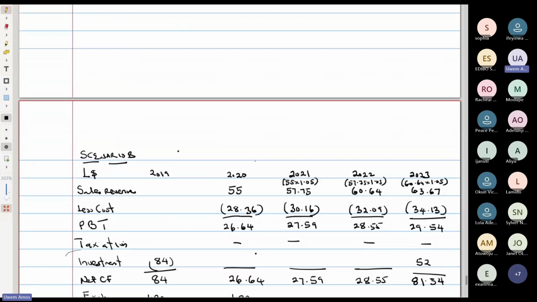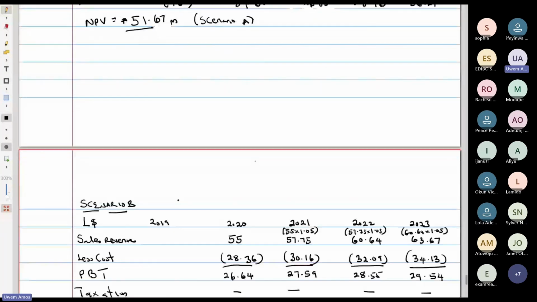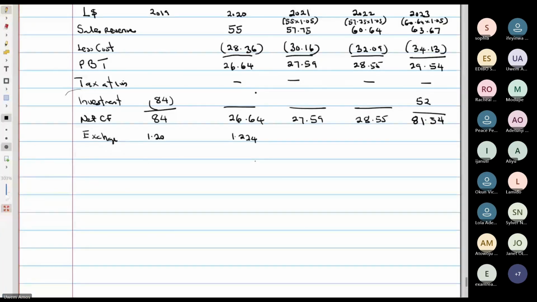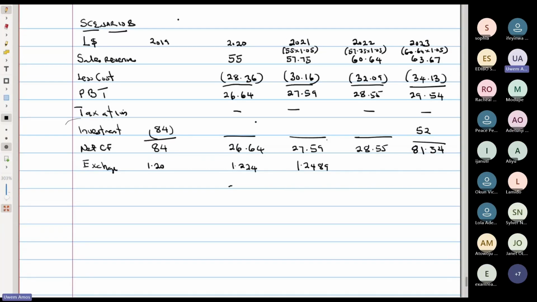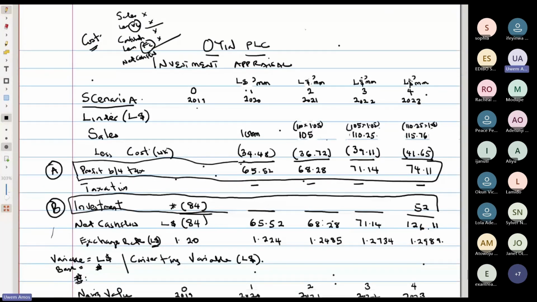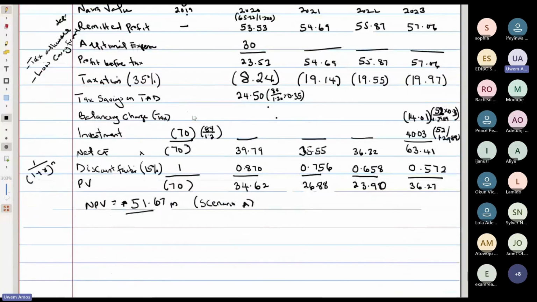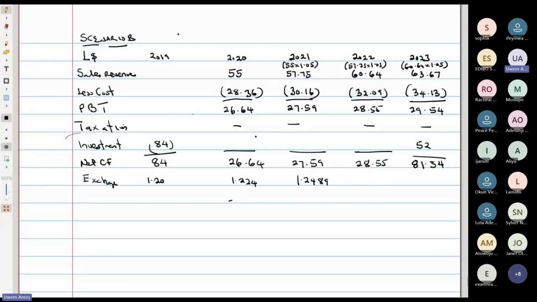After that, 1.2489. One after that, 1.2734.